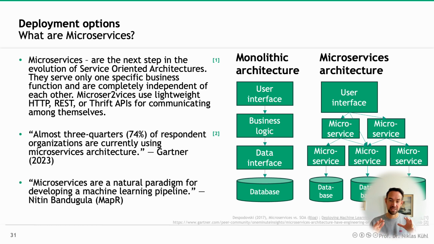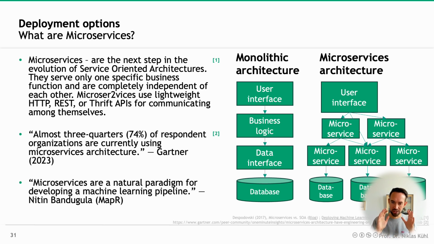So this has become the standard in how you design large artifacts, especially those based on machine learning. And it's now, from this other quote over here, the natural paradigm for developing a machine learning pipeline. So deploying your model as a microservice is the natural, most modern way to do that.